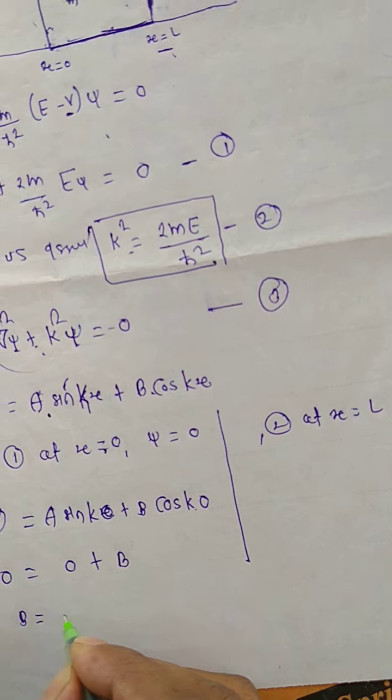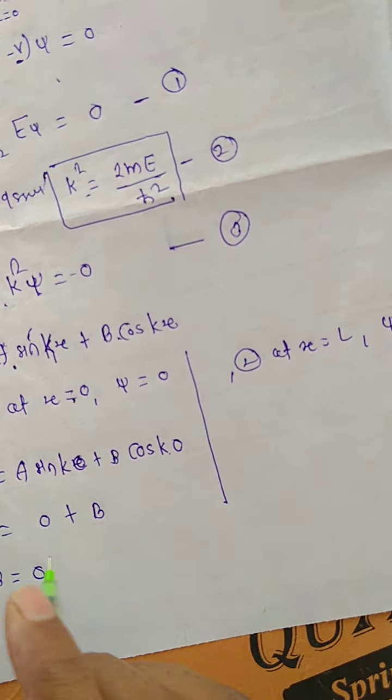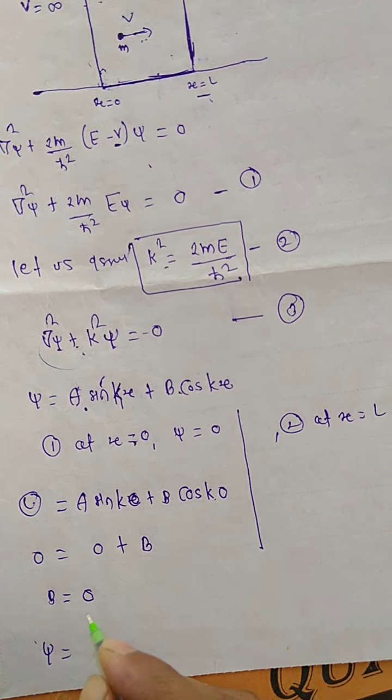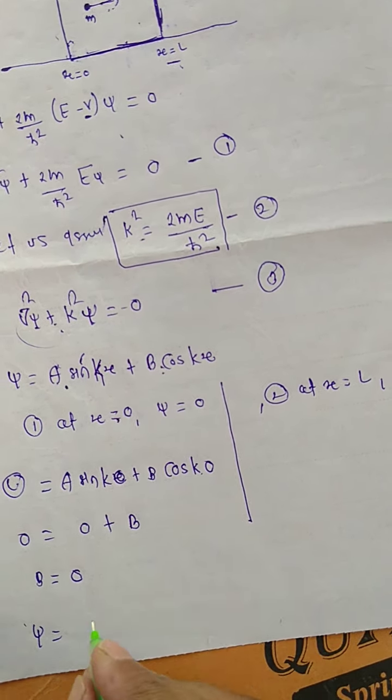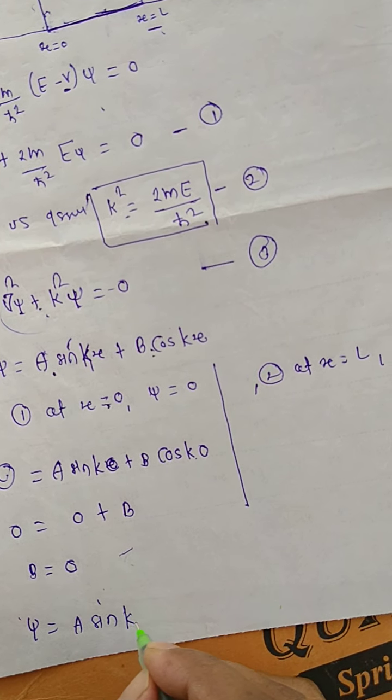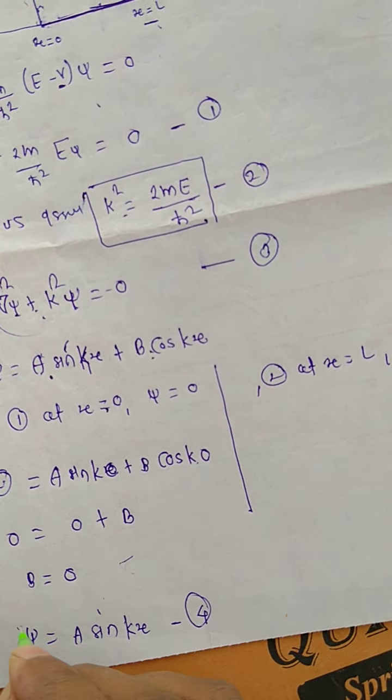So the wave function is psi is equal to a sin kx, equation number 4.